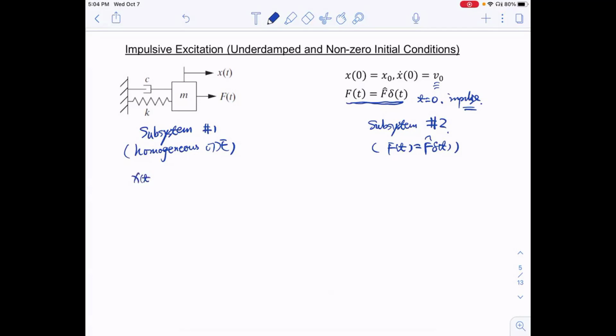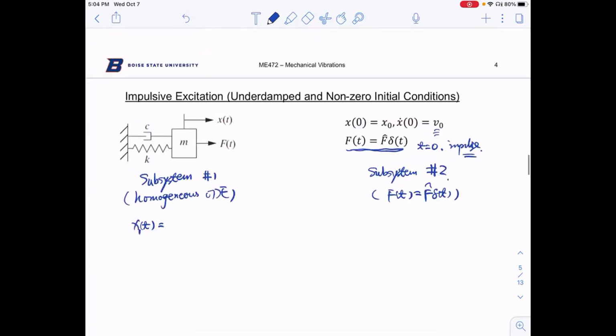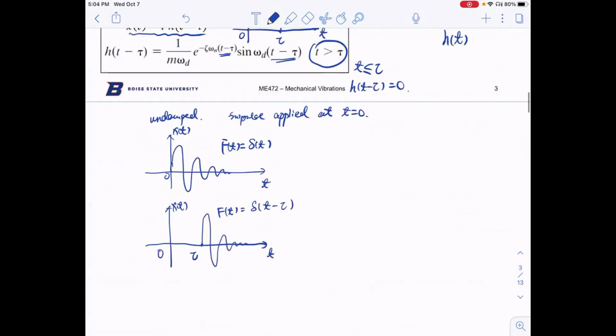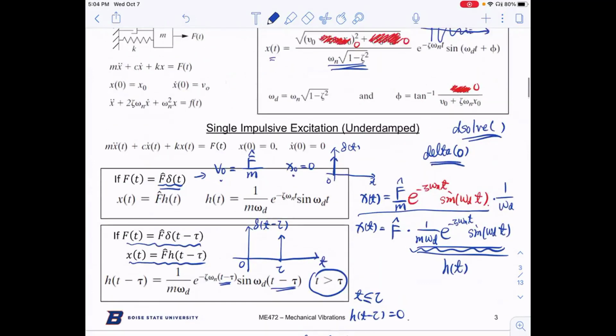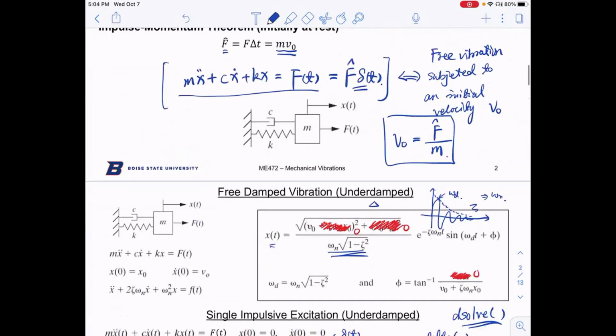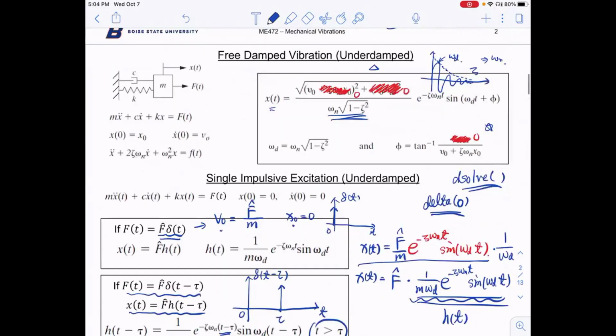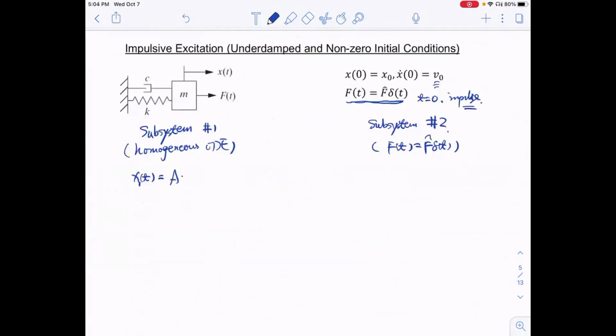As your homogeneous solution, because it's free vibration subject to initial conditions, you have whatever you have here in this equation, so you copy and paste: A e to the minus zeta omega n t times sine of omega d t plus phi.